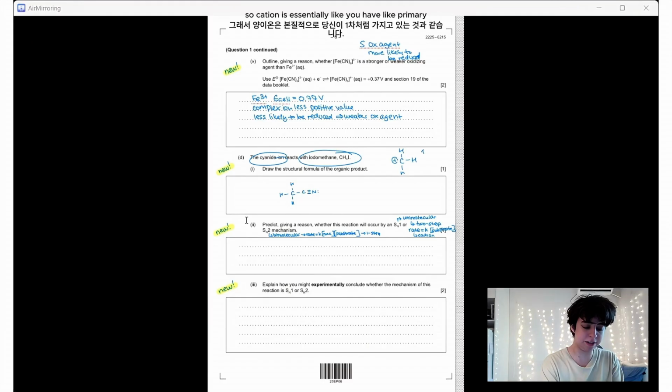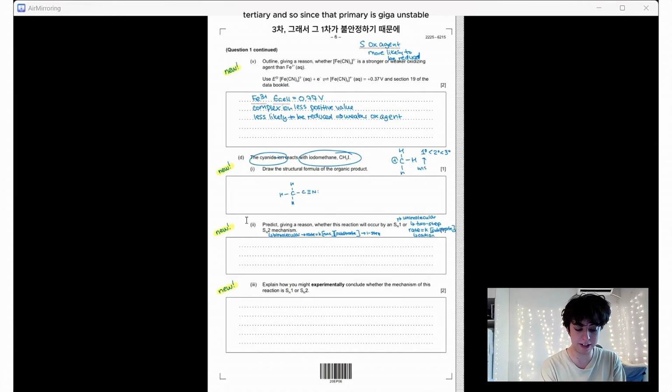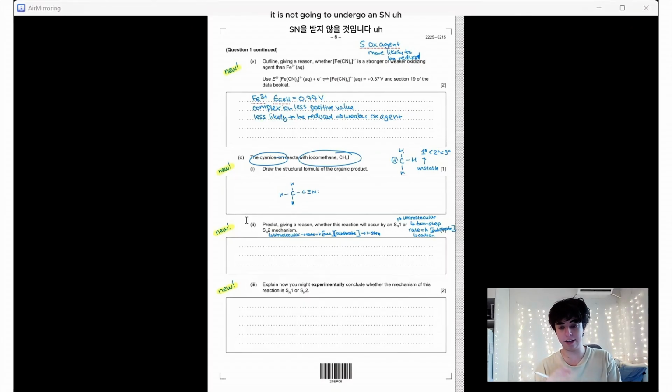So cations essentially have primary, secondary, tertiary. And since that primary is giga unstable, it is not going to undergo an SN1 mechanism. It's going to undergo an SN2 mechanism. You don't have to say all of that.